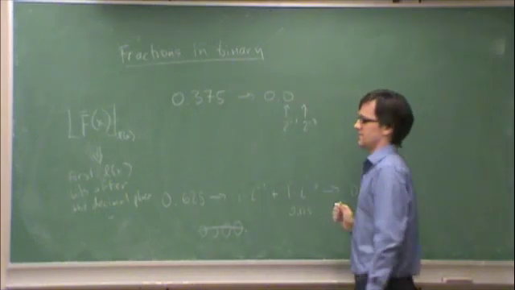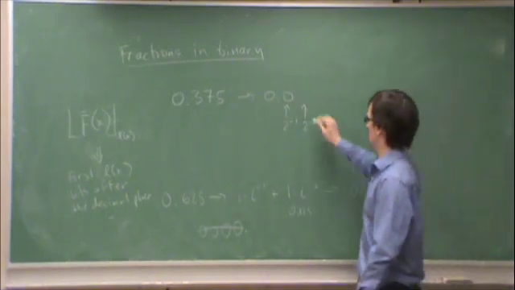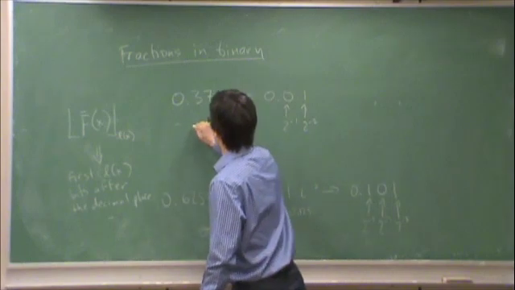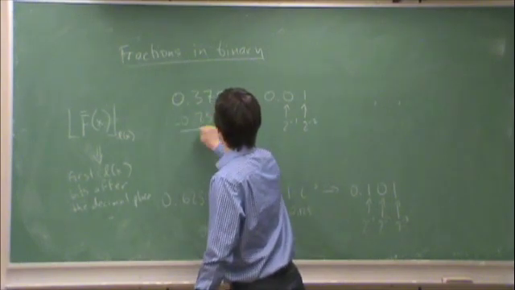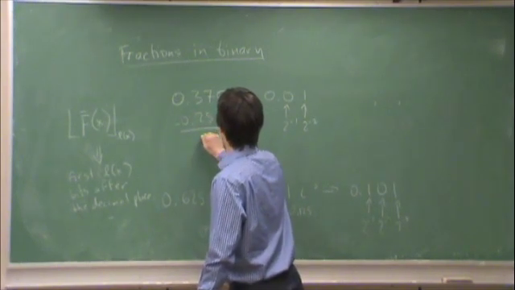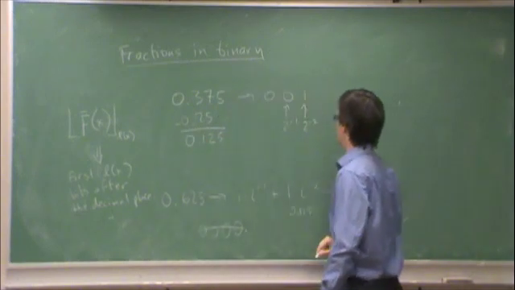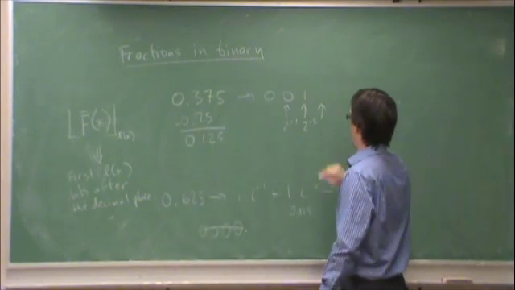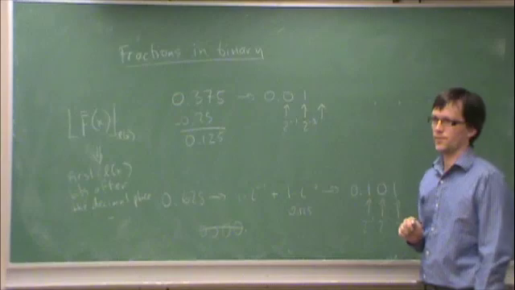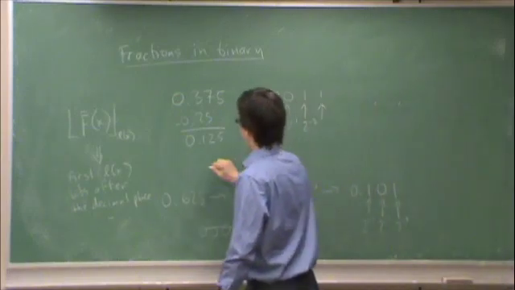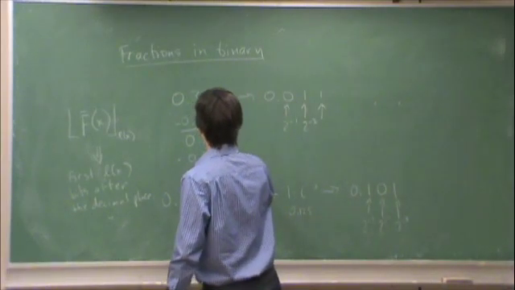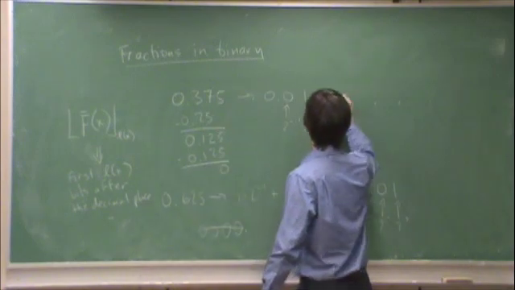How many 2 to the minus 2s are there? 1. There's exactly 1. So if I subtract 0.25, I get 0.125. How many 2 to the minus 3s are there? Just 1. And that's it.